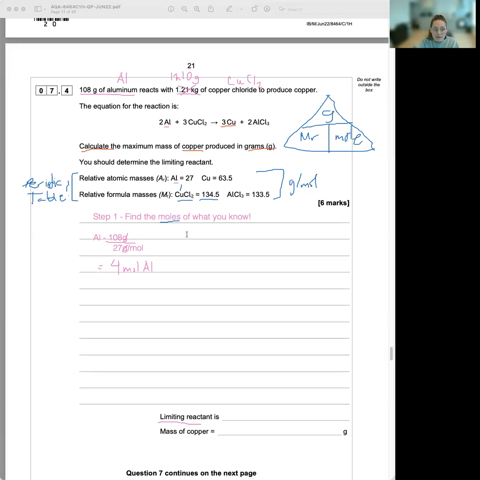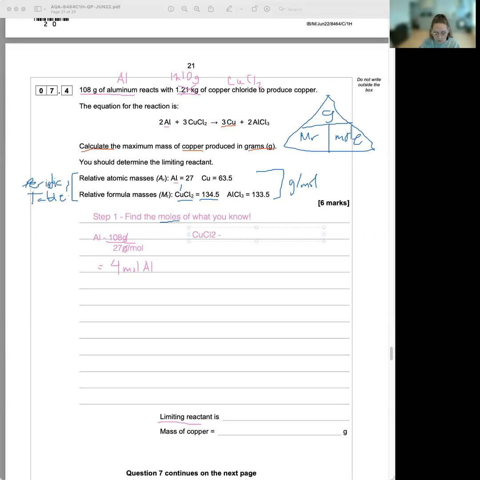Okay. Now, I was also given a mass of copper chloride, so I should figure out what the moles of that is as well. So CuCl2, and I know that this should be a lower 2, obviously, but I'm just typing it up, so it should be a little 2.